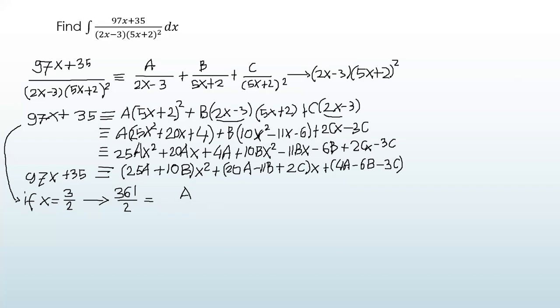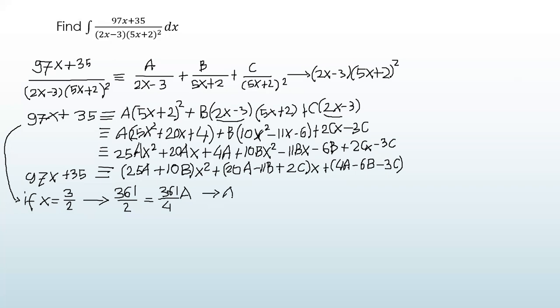How much is a? 5 times 3 over 2 is 15 over 2, plus 2, it's going to be 19 over 2. Okay, (19 over 2) squared: 19 squared equals 361 and 2 squared equals 4.